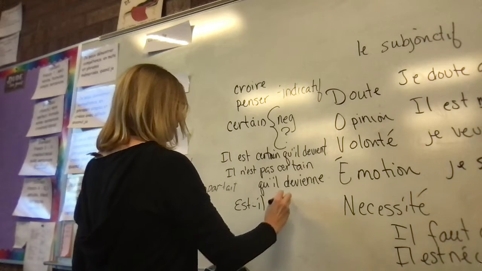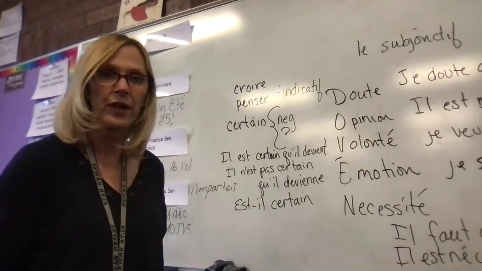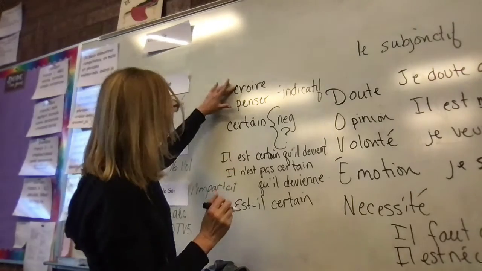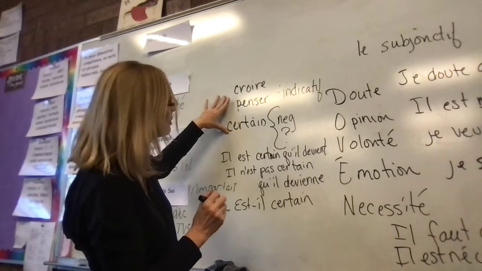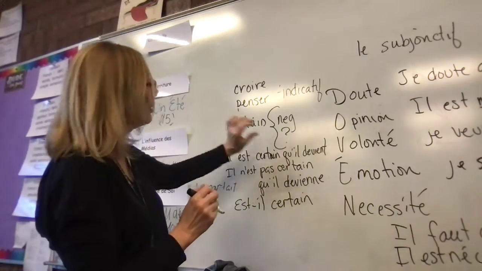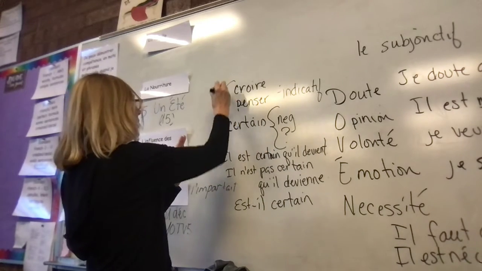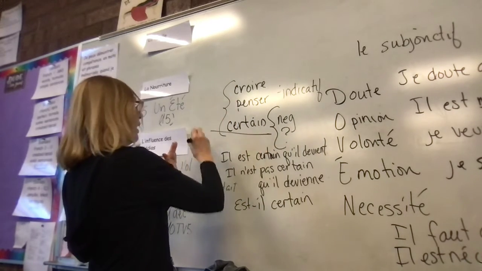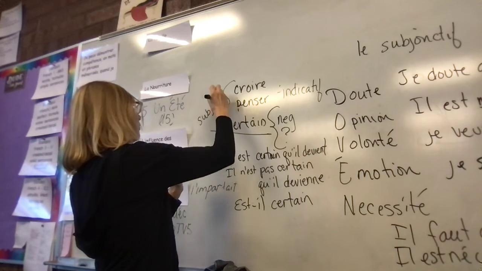Est-il certain qu'il devienne le président? So when you take a croire, penser, or expression of certainty, those become subjunctive. So they're normally indicative, but when they're negatives and questions, they become subjunctive. Okay?